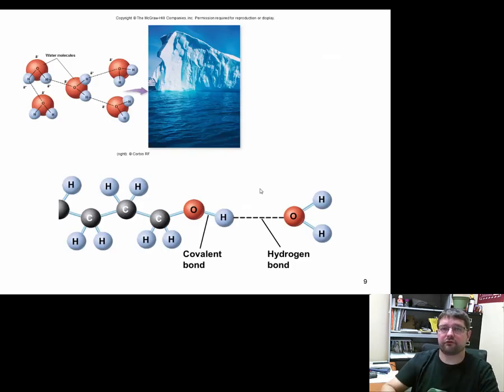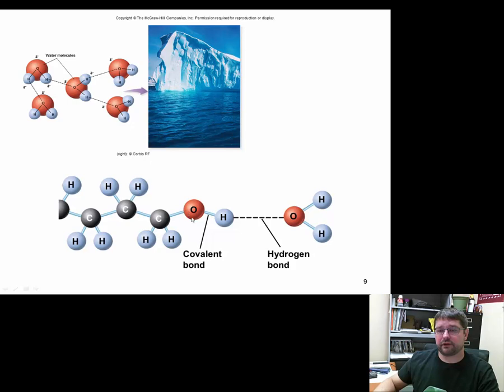Here you can see an example of the formation of a hydrogen bond. You have this molecule here, which is a carbon chain with hydrogens off of it. This is a covalently bonded molecule with an OH group, or hydroxide, off the end.